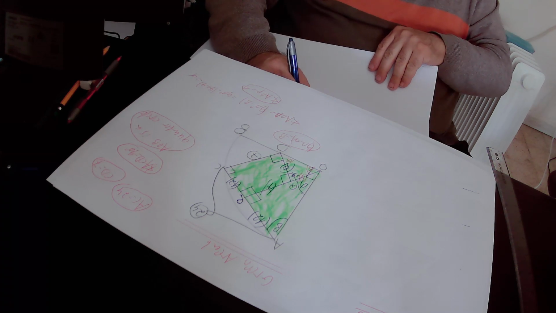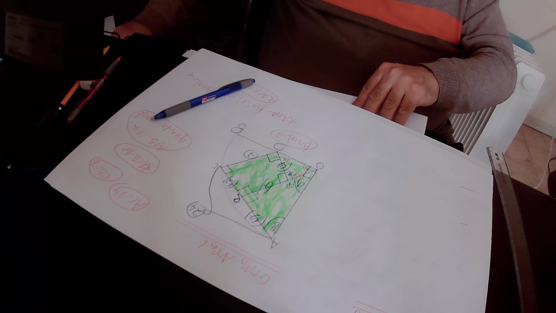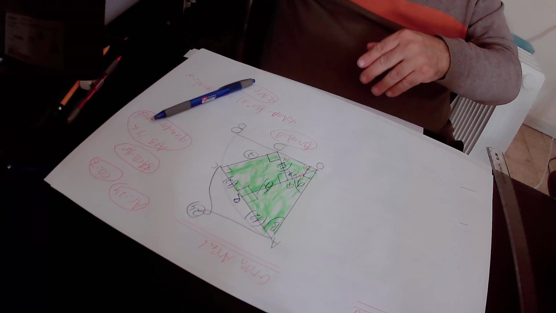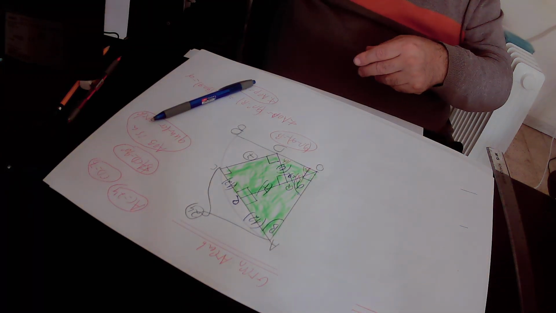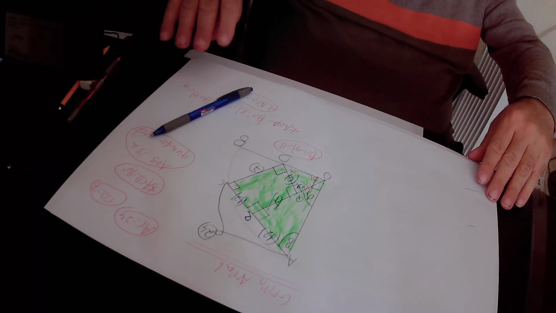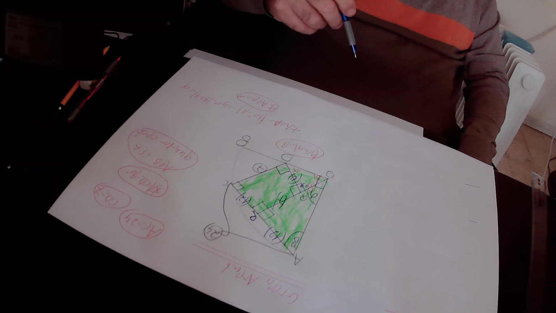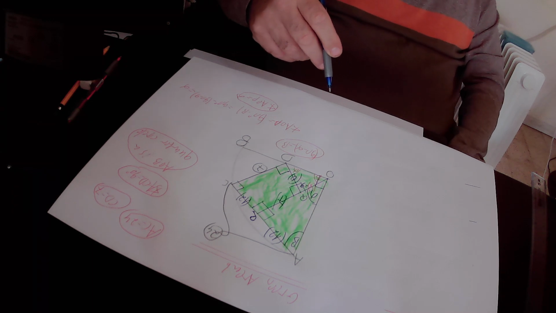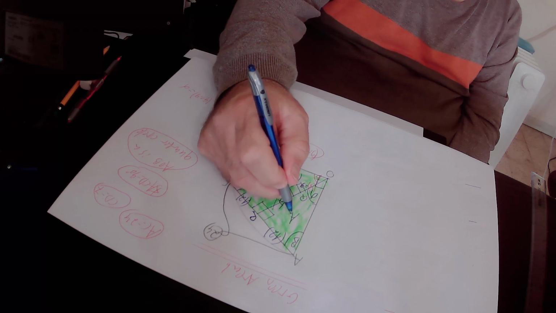So our mission is to find out the area of this green shape. We will divide the area of the green shape into 3 parts. The first part will be the area of the right triangle APO. We will define the area of the right triangle APO as A1.